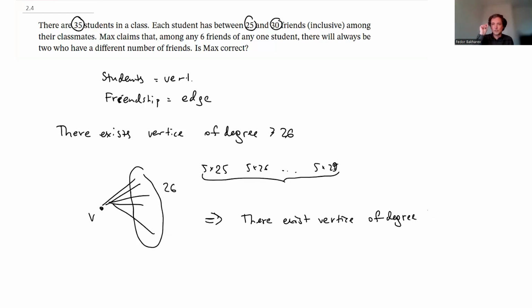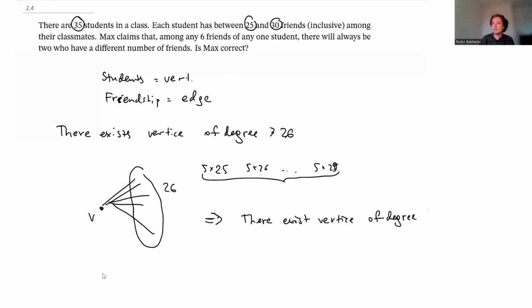At the first step, from the handshake lemma, there exists a vertex of degree 26, but now using the conditions of the problem, if Max is correct, there exists a vertex of degree 30 by the pigeonhole principle.